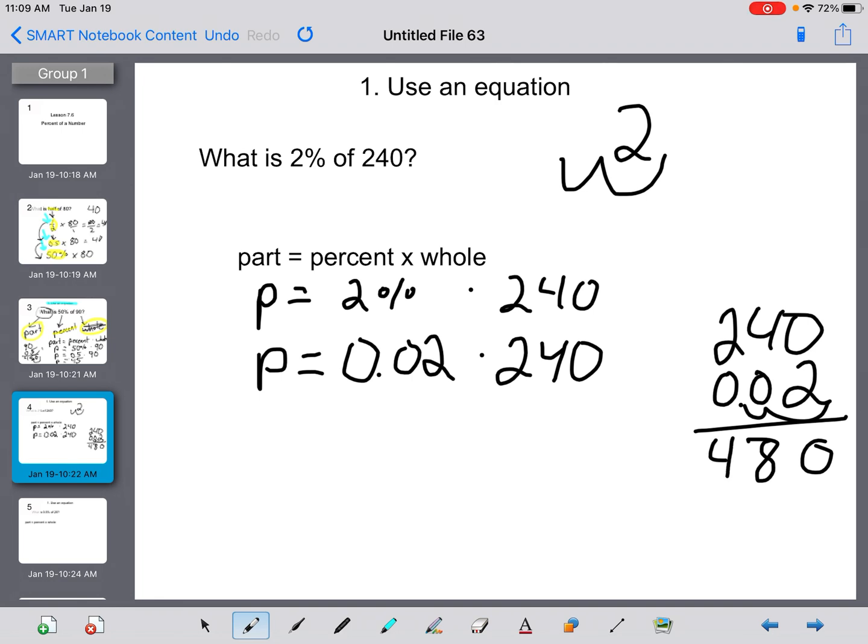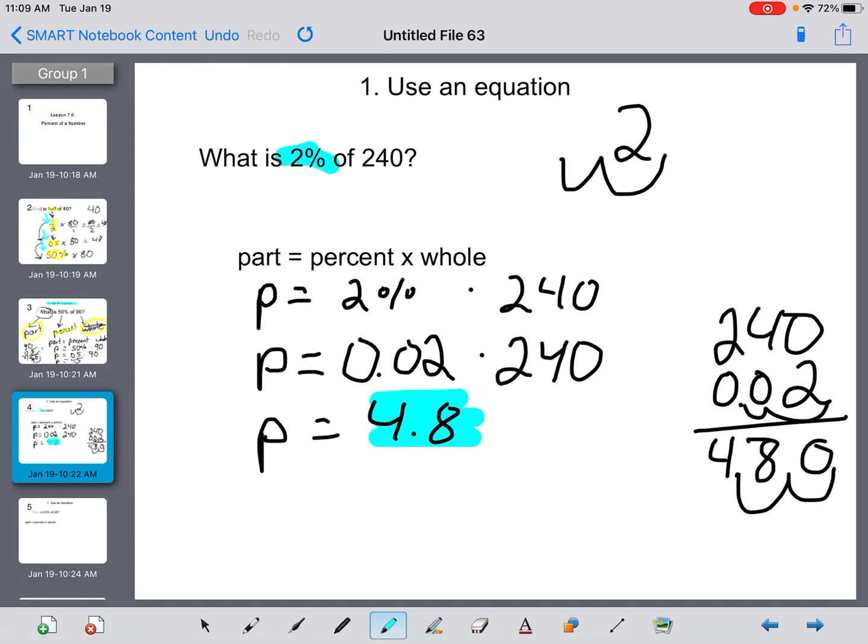And then I bump my decimal back in twice. 1, 2. So I get that my part equals 4.8. So what I'm saying is, this 4.8 is 2% of 240.